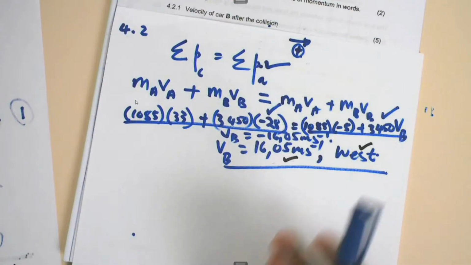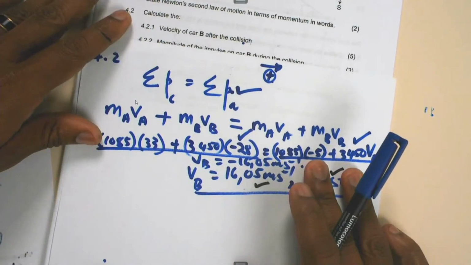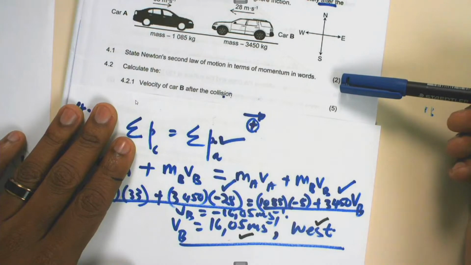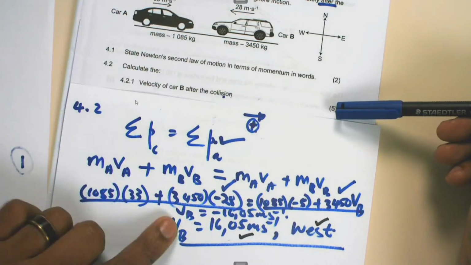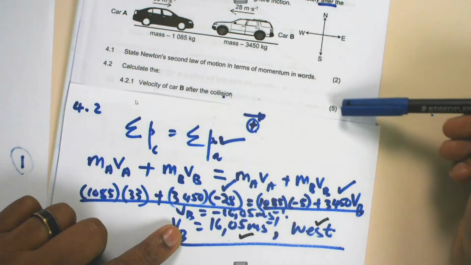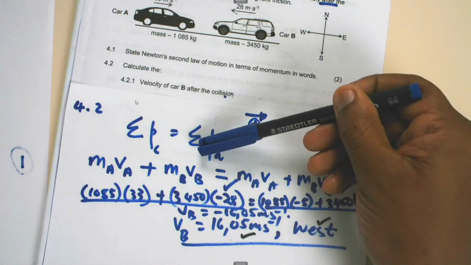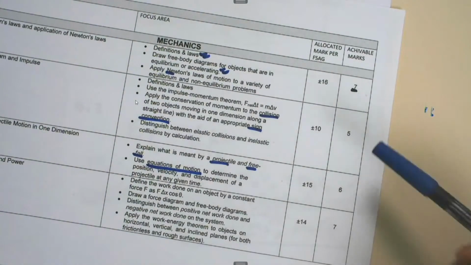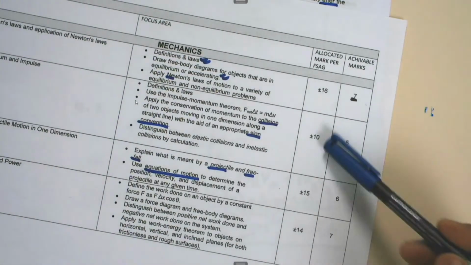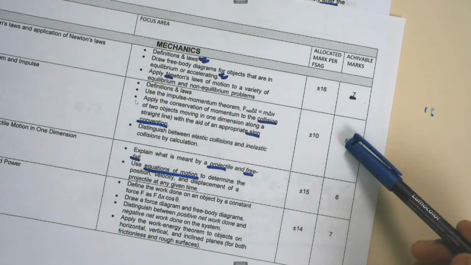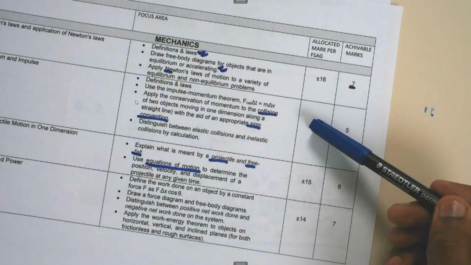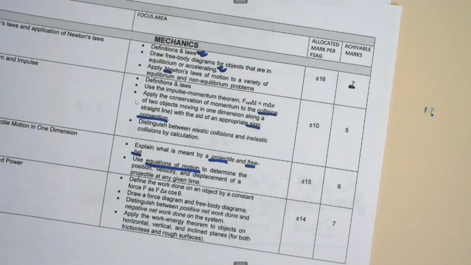So it will be 7 because I did everything right. I stated Newton's second law in terms of momentum. I was able to perform calculations using the conservation of linear momentum. But remember, from the achievables, we said it is somehow around 5 or around 7 depending on the mark allocated. So from the mark allocated, I must always try to achieve the 50%.